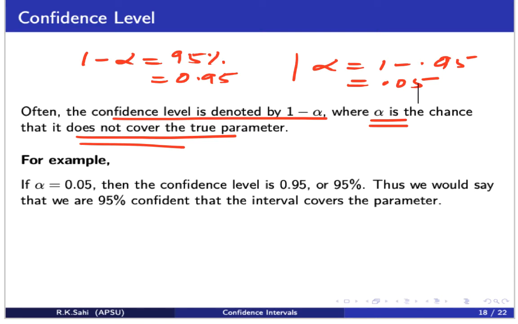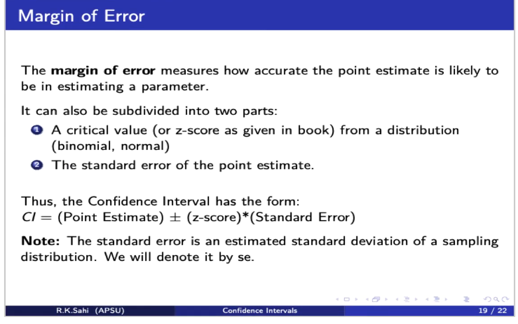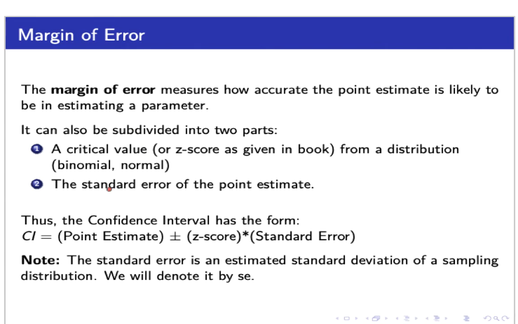Now, how will it show up in the formulas? Because we need to look at some formulas here. Remember when we talked about confidence intervals, it was point estimate plus minus the margin of error. The margin of error is the one which contains this confidence level. What is the formula for that?